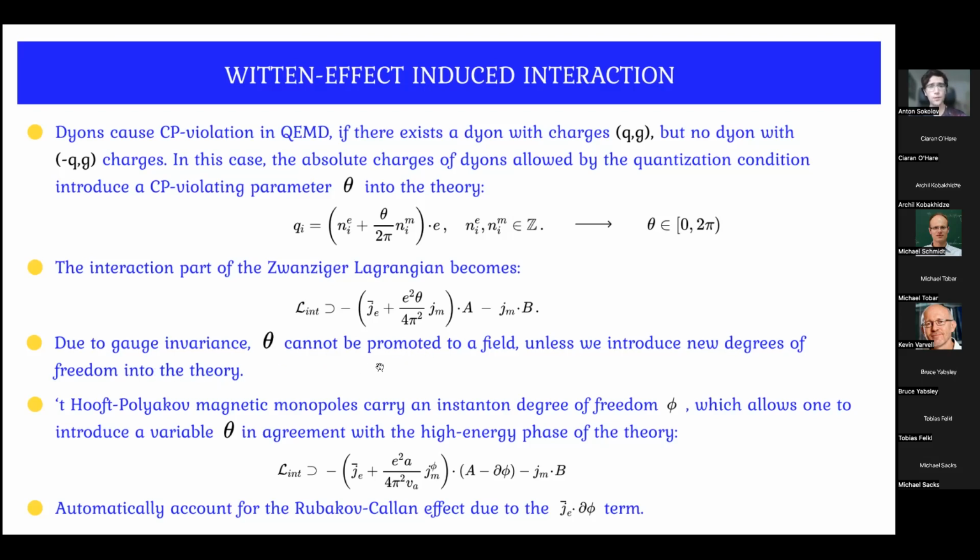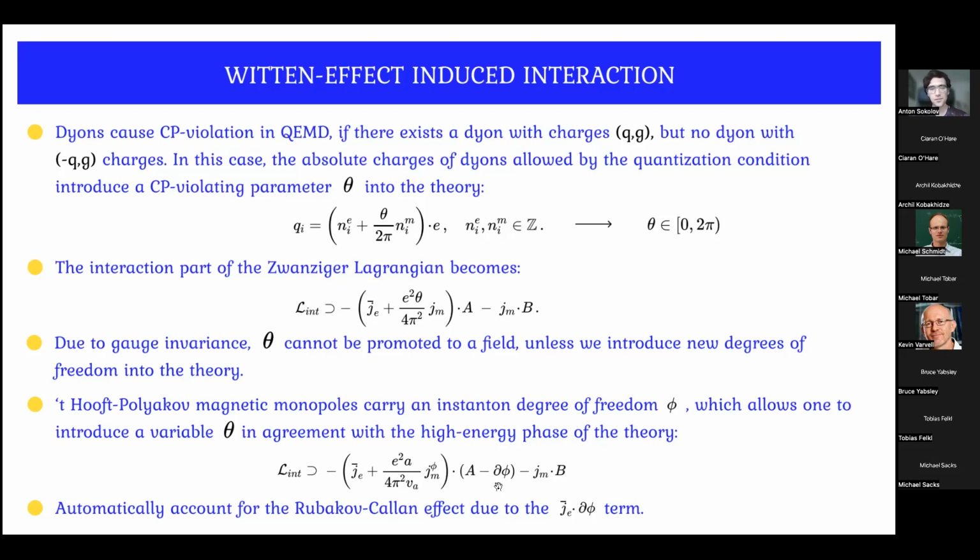But then, due to gauge invariance, theta cannot be promoted to a field: if theta varies, then the gauge transformation of A is actually not a symmetry of this Lagrangian. But we can save this by introducing an extra degree of freedom, like a Stueckelberg field, and this is really an instanton degree of freedom which lives on the magnetic monopole.